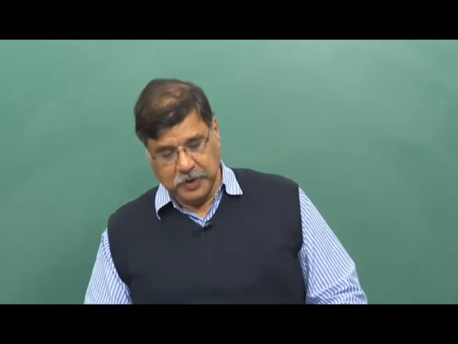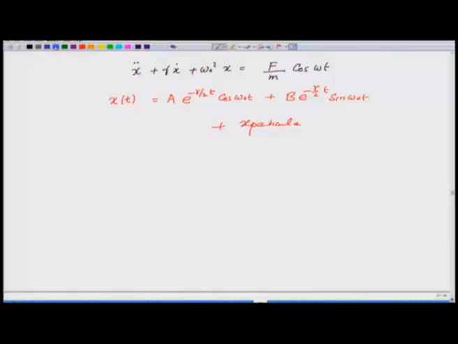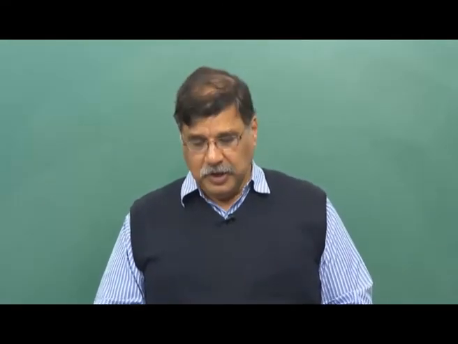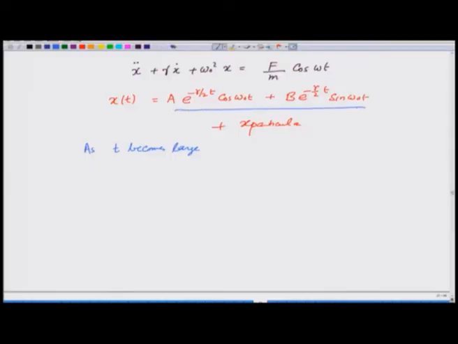Now, as time progresses, as t becomes large, suppose you are in a park, somebody is sitting on a swing and you are starting it by applying a force. Initially this solution is going to be there, but as time progresses the solution a e raised to minus gamma by 2 t cosine omega 0 t plus b e raised to minus gamma by 2 t sine omega 0 t is going to go to 0.